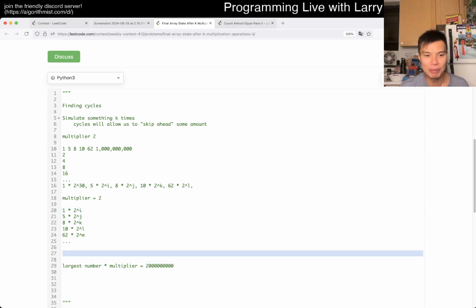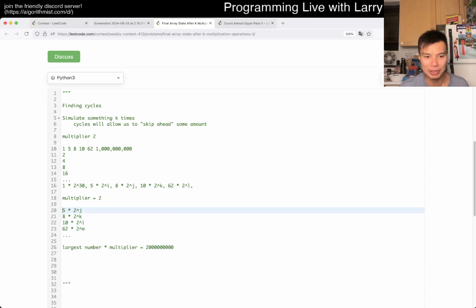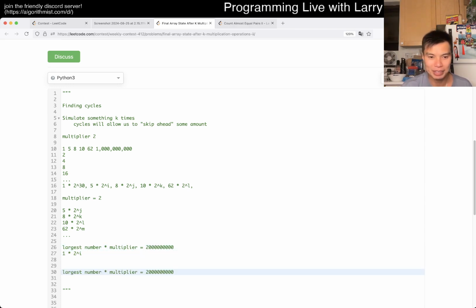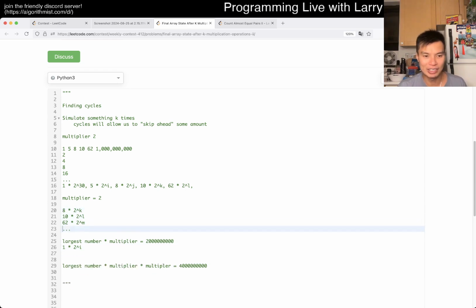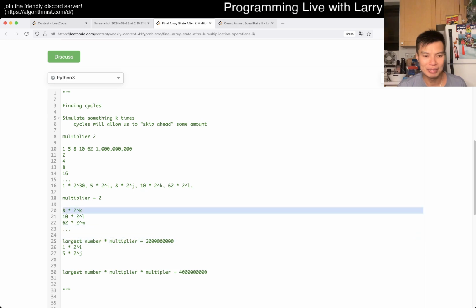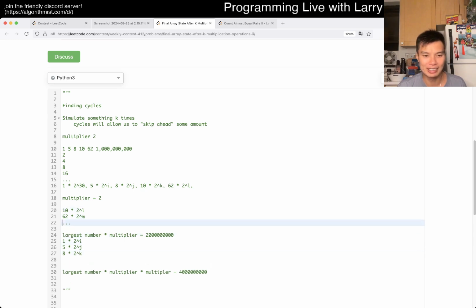Then you do one more operation, and this number moves up to here, because all the other numbers are by definition again going to be less than the largest number times the multiplier. So this goes here with the new I, new J, and new K, and dot, dot, dot. You get the idea. This is the cycle right here.